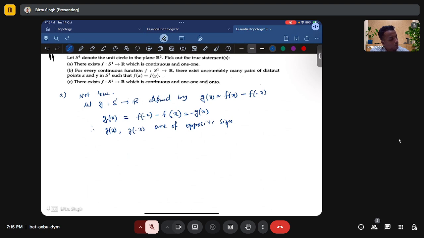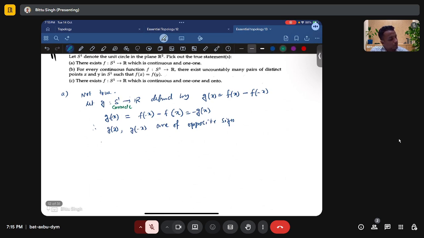So note that S1 is a connected set and the codomain is the real numbers, so we can apply the intermediate value property. By the intermediate value property, there exists x0 belonging to S1 such that G of x0 equals 0, right?